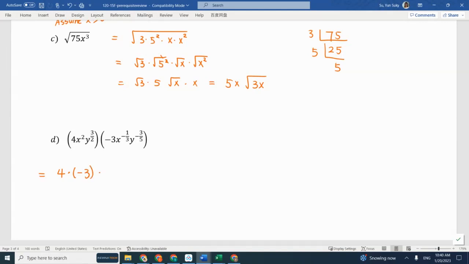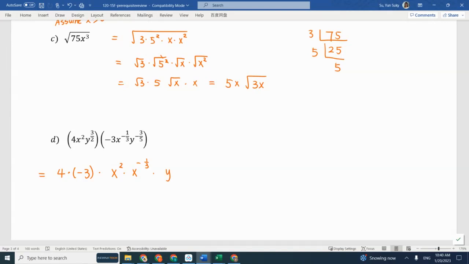Those are the coefficients. X power: what's the x power in the first factor? X squared. Second factor: x to the negative 1/3. Good. How about the y?